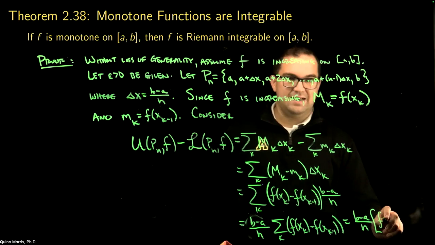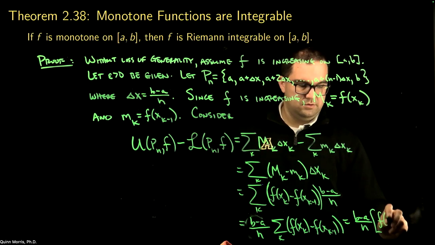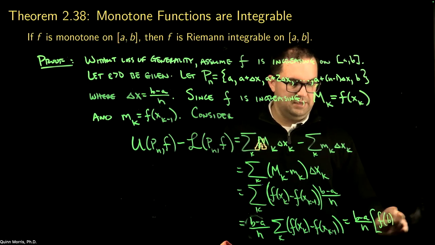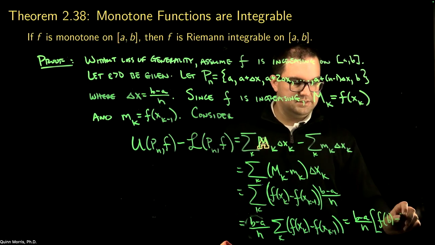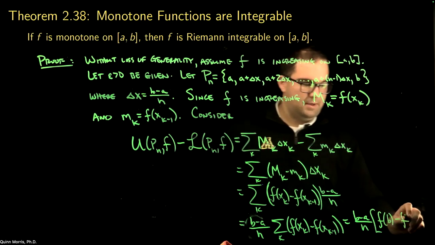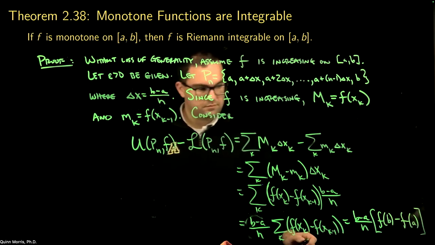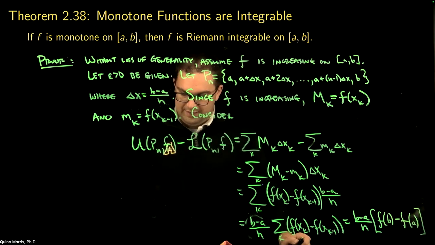But xn is just the last value in my partition, b, so I get f of b minus f of x0, but x0 is the first point in my partition, a. And so I get this quantity here for the difference.